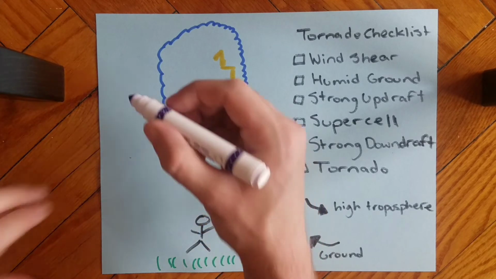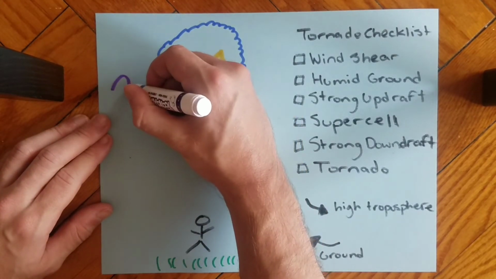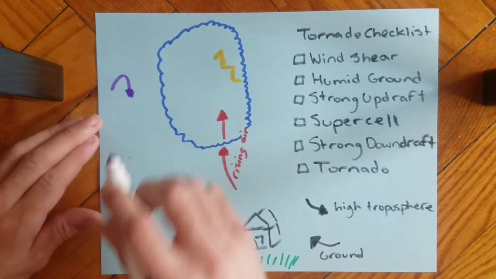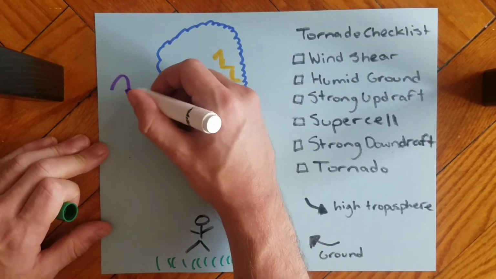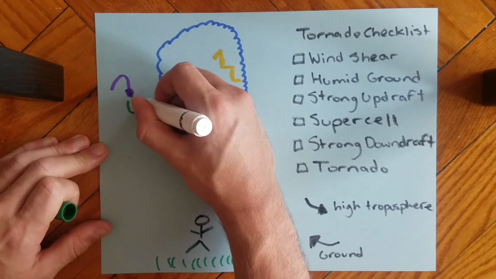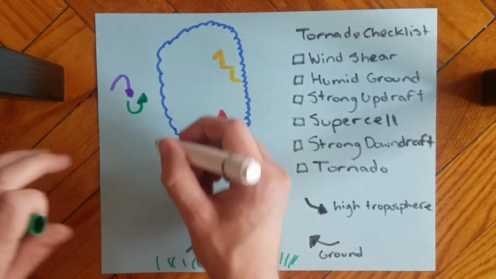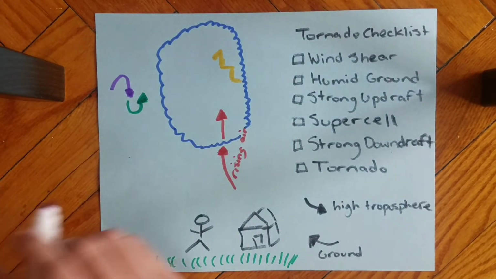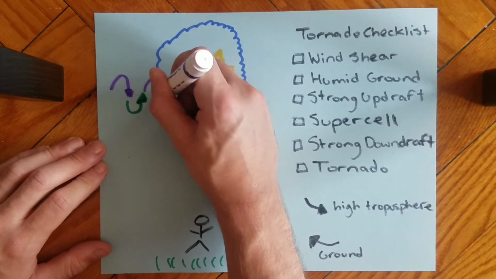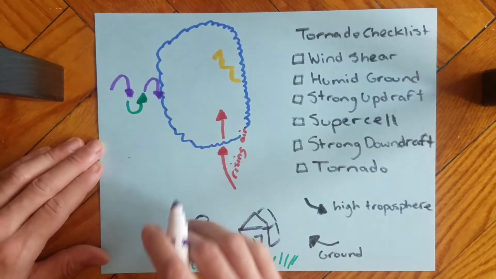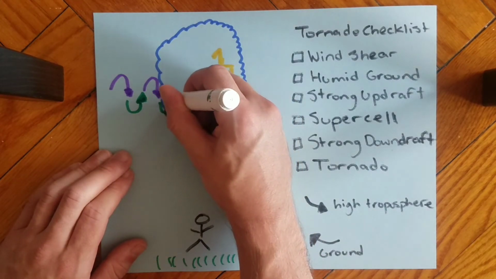You're going to have this kind of rotating wind pattern that's going to happen because of that wind shear.